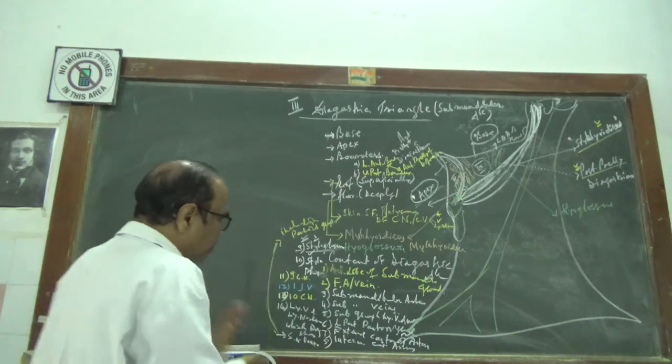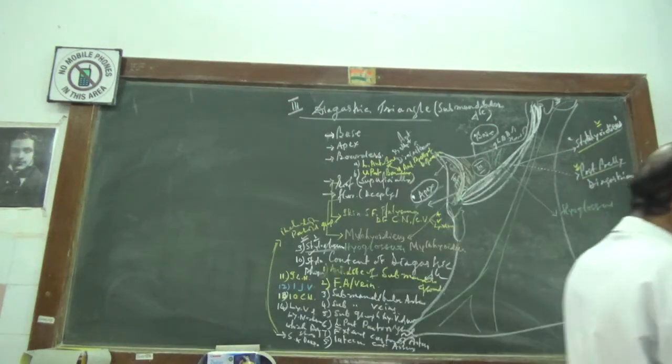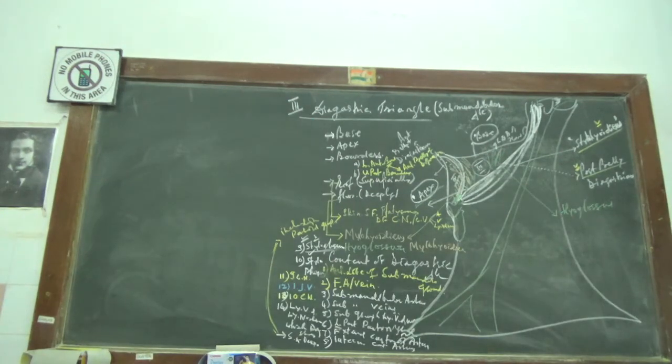So these are the contents of the digastric triangle. You have to keep this in mind when you are dealing with the posterior digastric triangle.